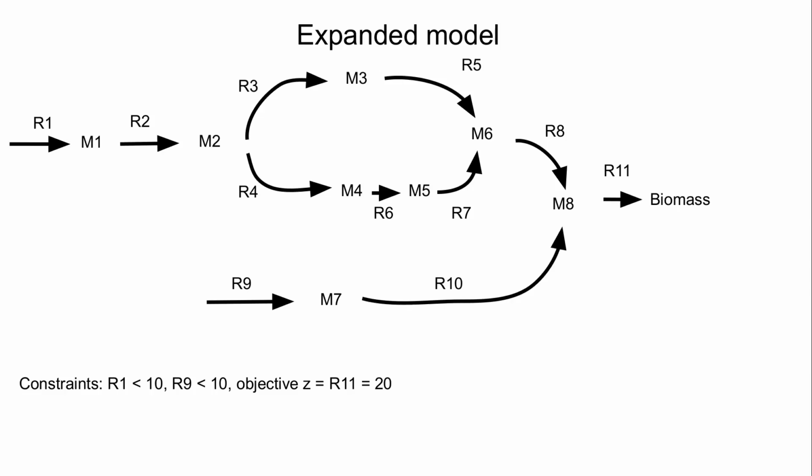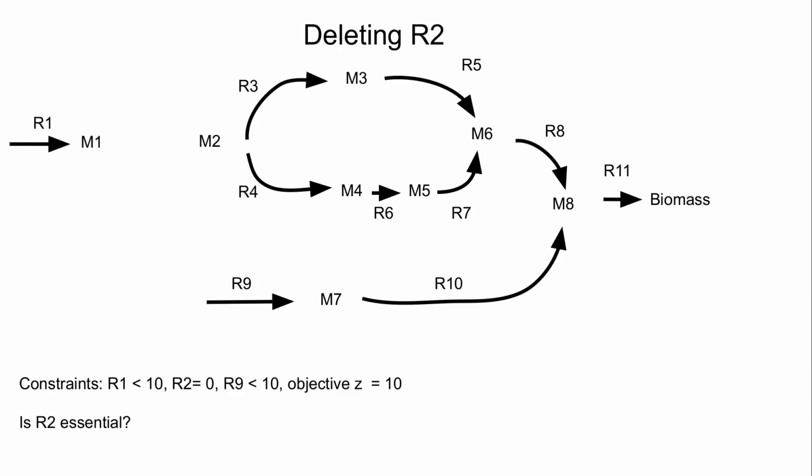Now, of course, if we were to knock out, say, R11 in this model, it would not grow at all, and the model would be dead. So R11 still remains clearly essential. But suppose now we delete R2. So we set the constraint R2 equals 0. R9 and R1 are still less than 10.